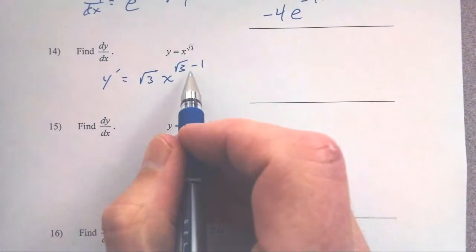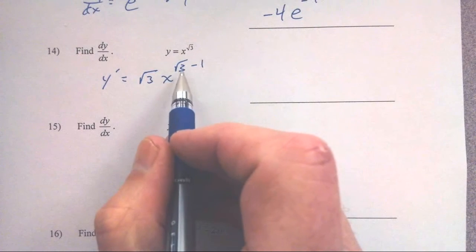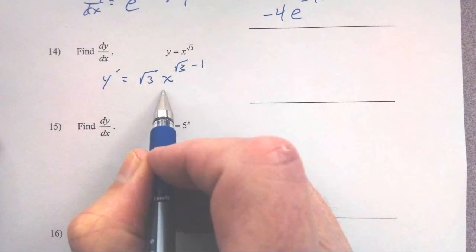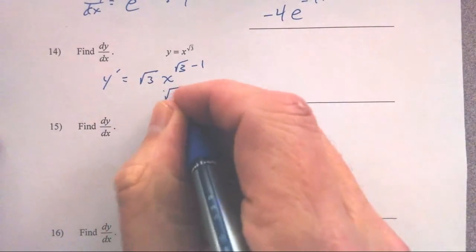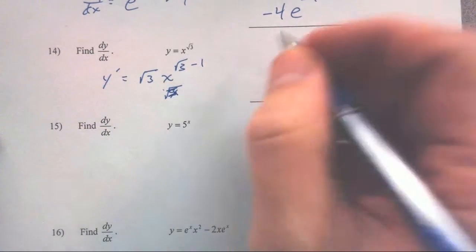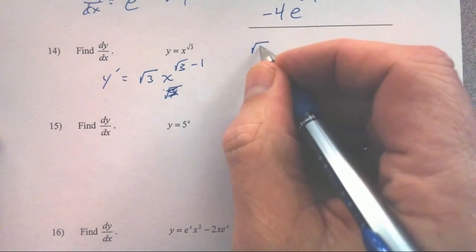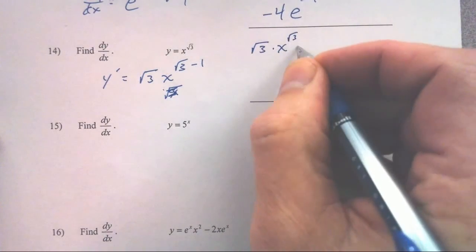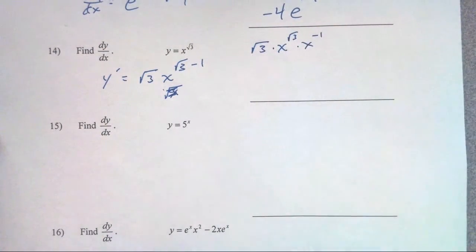Now, possible that we would think of this as a square root of 3 times another x to the negative first and put the x in the denominator. So this actually could look like, if you were doing a homework problem, square root of 3 times x to the root 3 times x to the negative first.